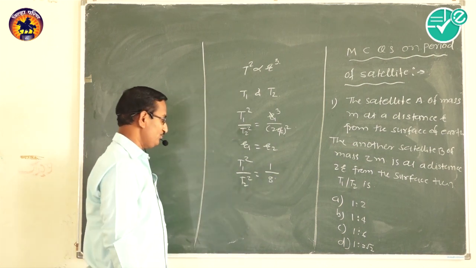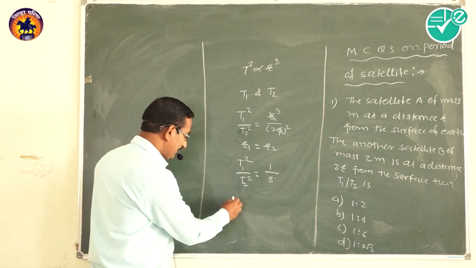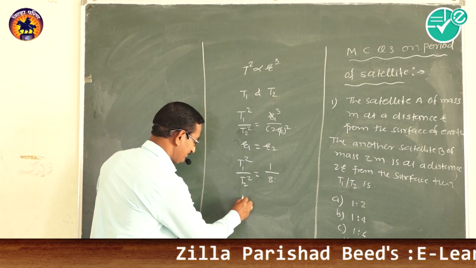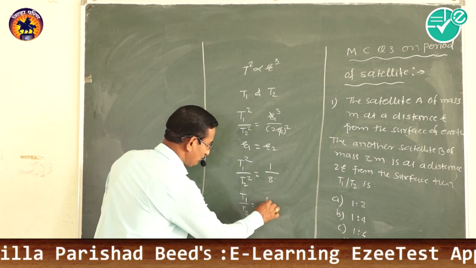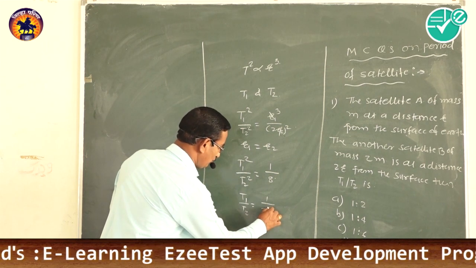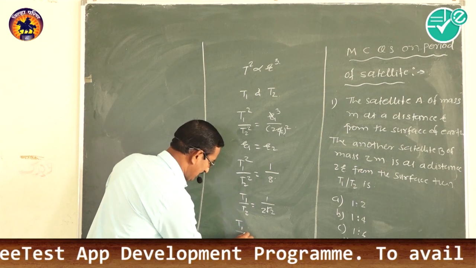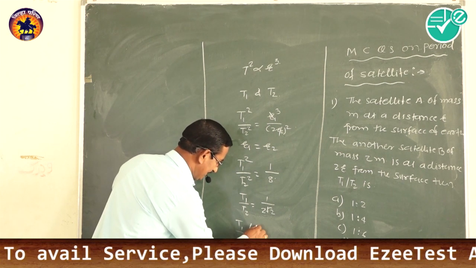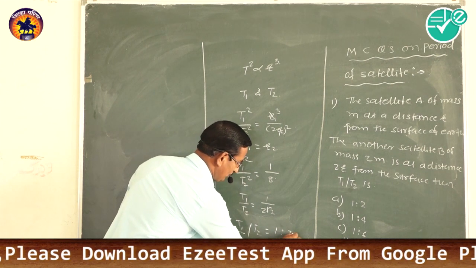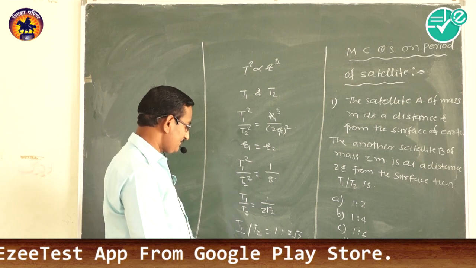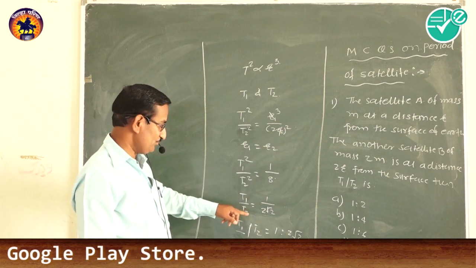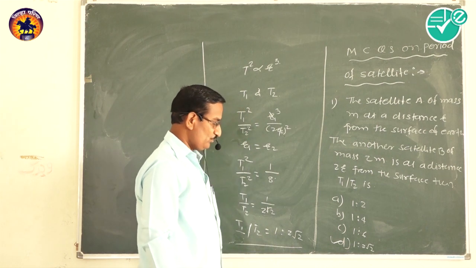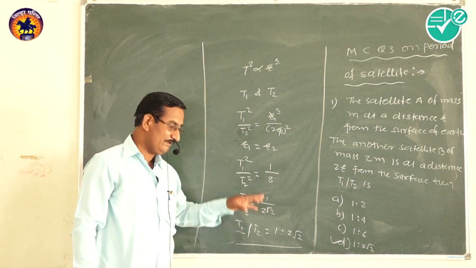Then we take the square root of both sides, that is T1 by T2 is equal to 1 by 2 root 2. That is the correct answer of this MCQ, so the correct alternative is D, 1 raised to 2 root 2.